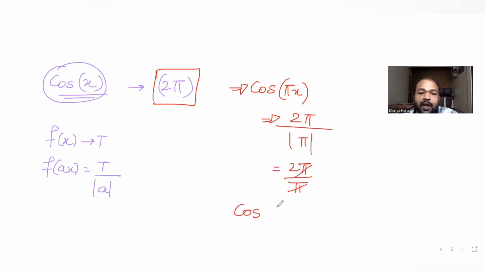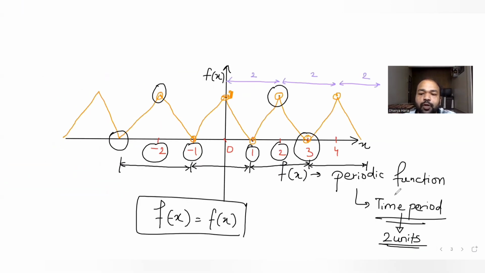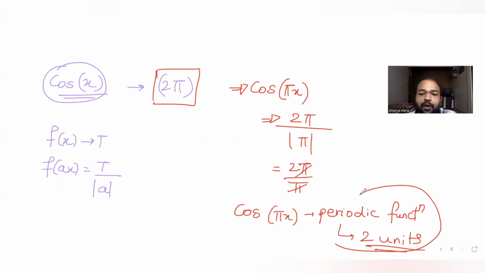So cos pi x is also a periodic function. When f of x is periodic with a time period of 2 units, cos pi x is also periodic with a time period of 2 units.